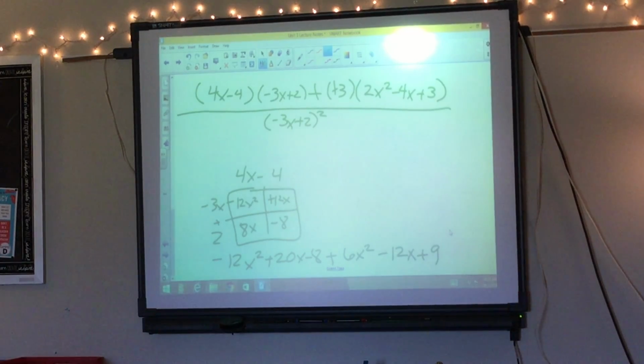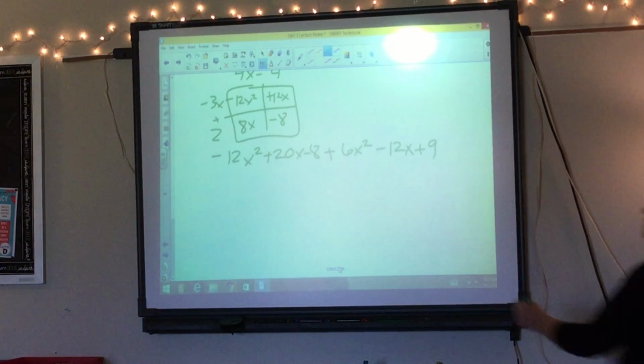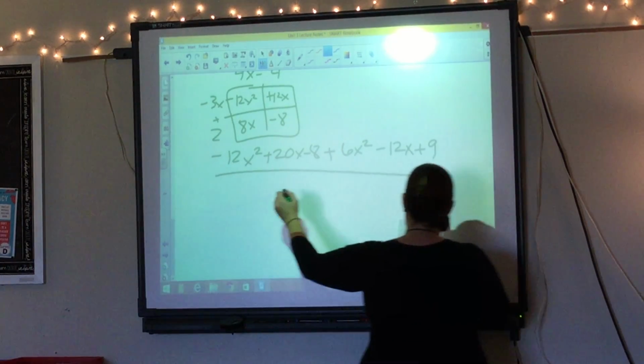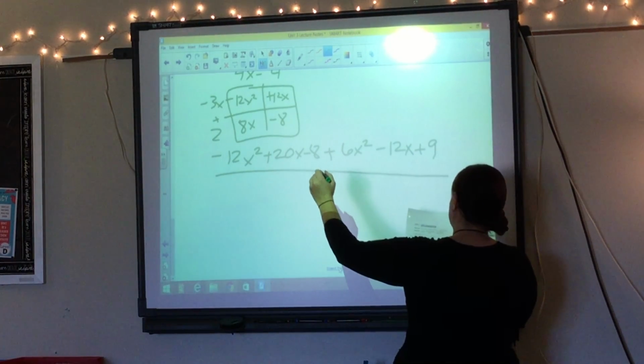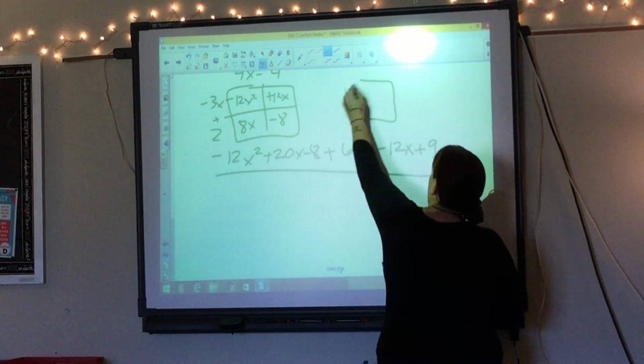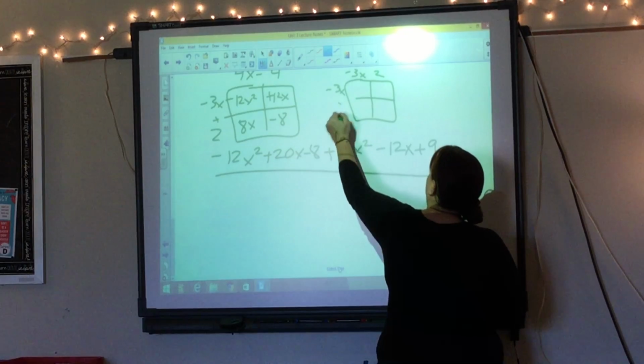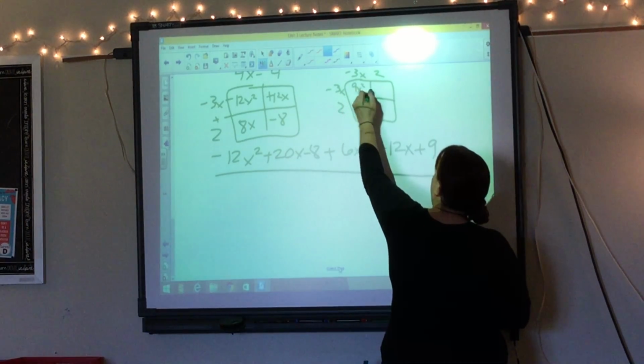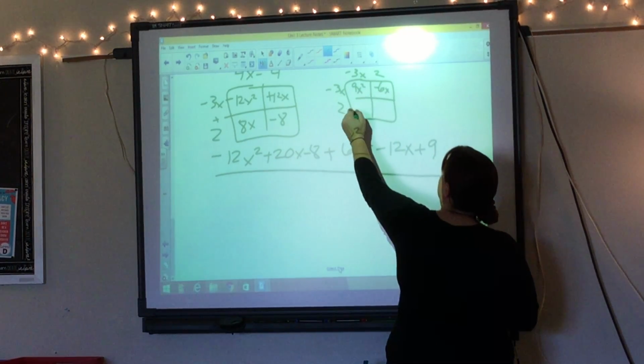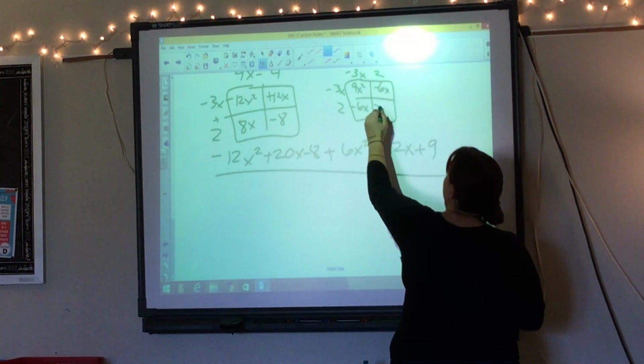Okay. You with me so far? Feel good about this? And then we just do g squared on the bottom, which again is negative 3x and 2. So we do 9x squared minus 6x minus 6x plus 4.